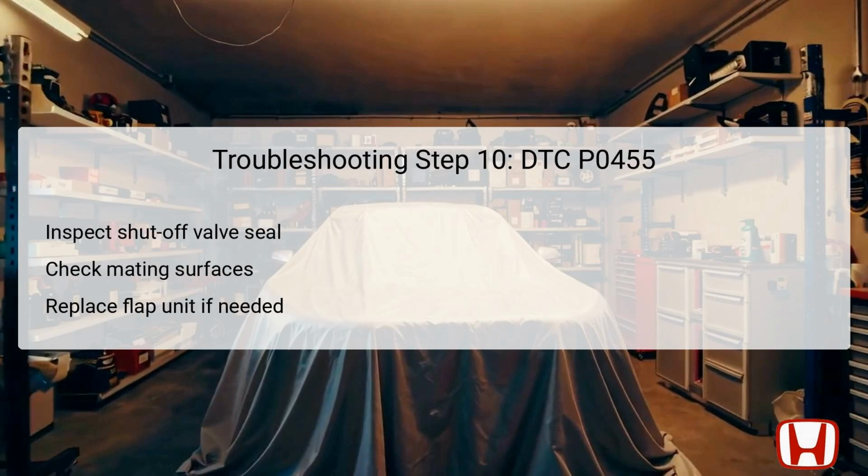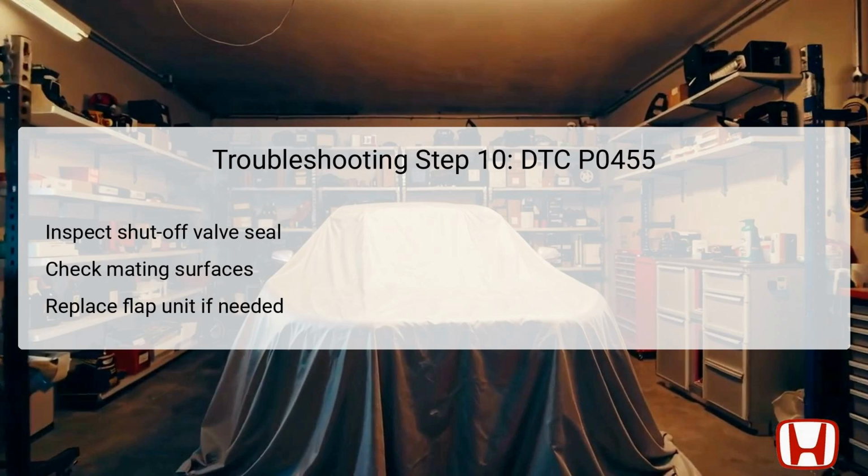The last step, Step 10, is to inspect the shutoff valve flap seal and its mating surface for wear or damage. This step ensures that the sealing mechanism is properly functioning, preventing any fuel vapors from escaping. If the seal is missing or has notable damage, replacing the entire main flap unit becomes essential.